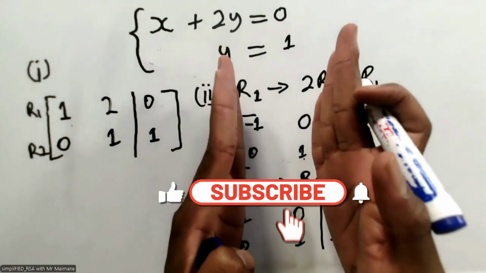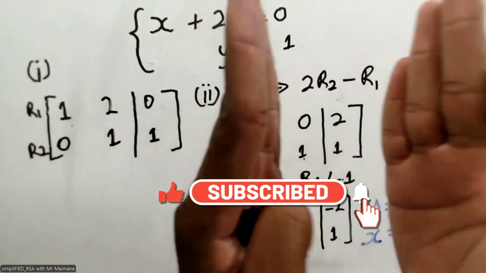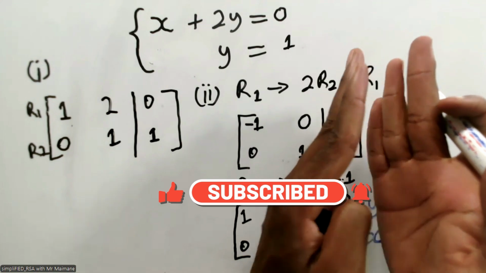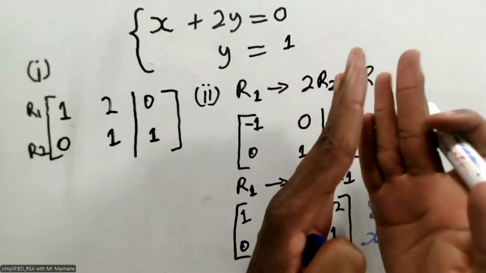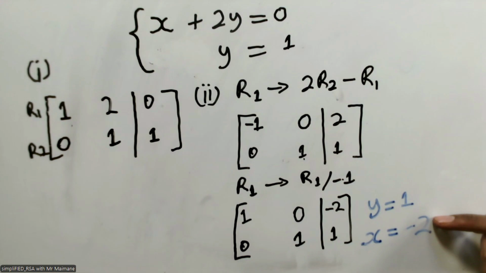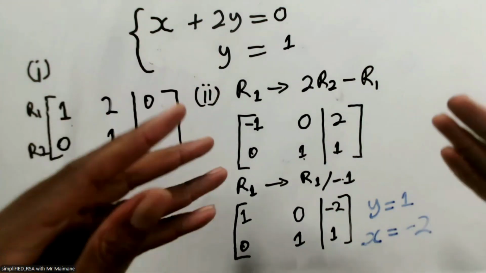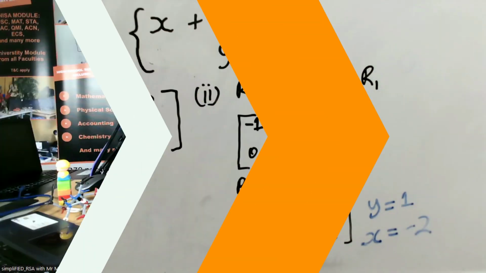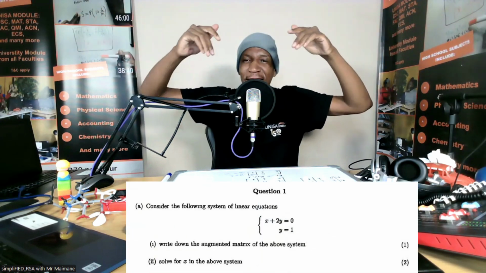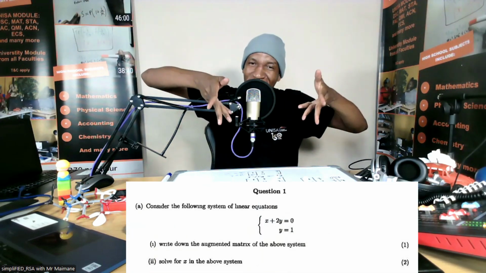So it's just coefficients of the variables you have, and then after your equal sign, which is the solid line in this case, is the number. So that's how you solve for x using matrices. Ladies and gentlemen, it might have seemed complicated, but that's how you answer this question, the way I just explained here.